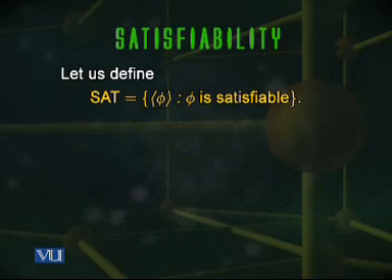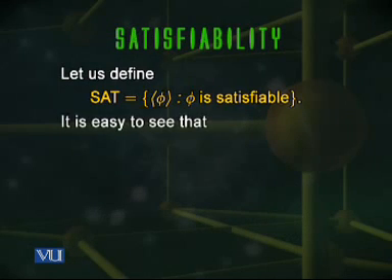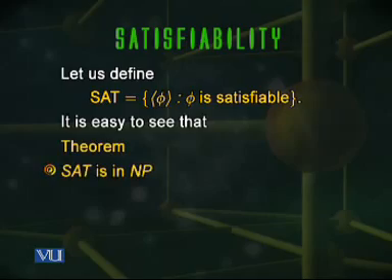Now we define SAT to be the collection of all Boolean formulas that are satisfiable. And it is very easy to see that SAT is in NP. So our theorem says SAT is in NP. By now you should be used to the class NP. Well, how do I verify that a Boolean formula is satisfiable?